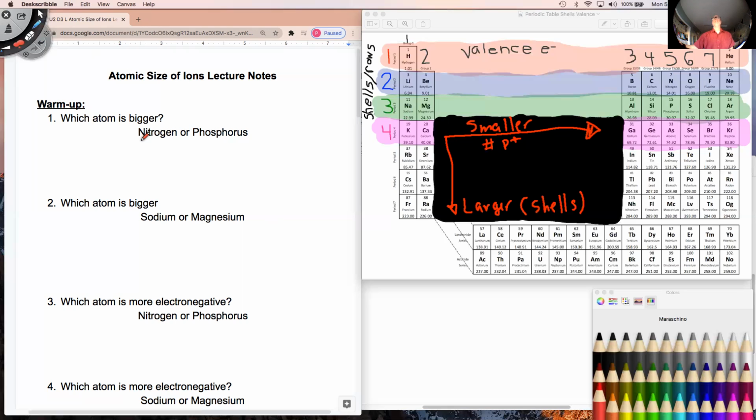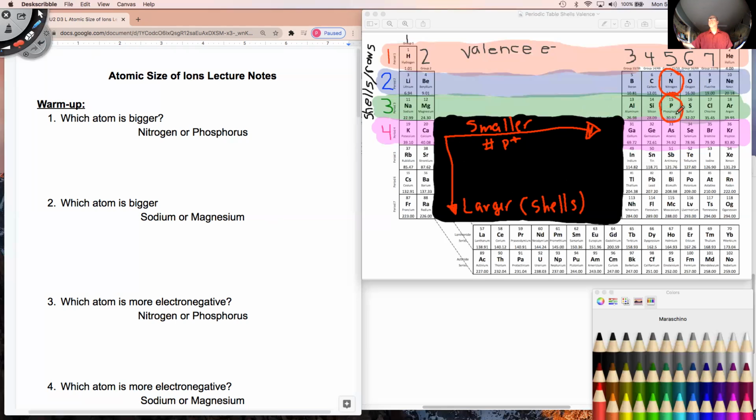It says, which atom is bigger, nitrogen or phosphorus? So here we have nitrogen, and here we have phosphorus. Which atom is bigger? Well, we can just look and follow the trend, because we're looking at trends, and the further down you go, the larger. Why? Because there's more shells. You'll have to be able to explain that to me.